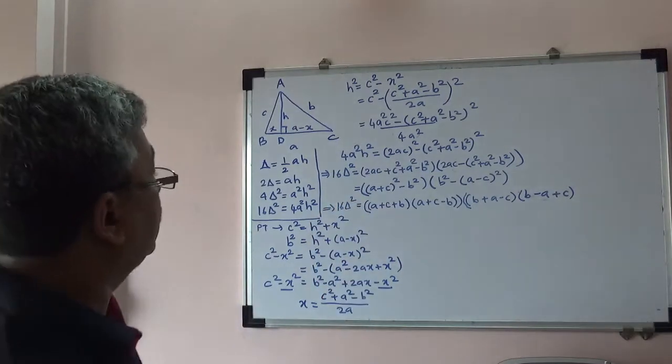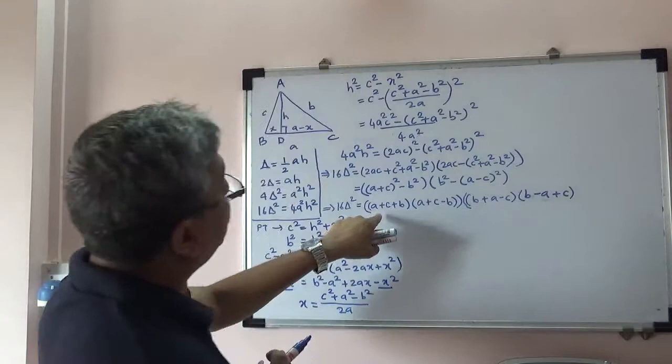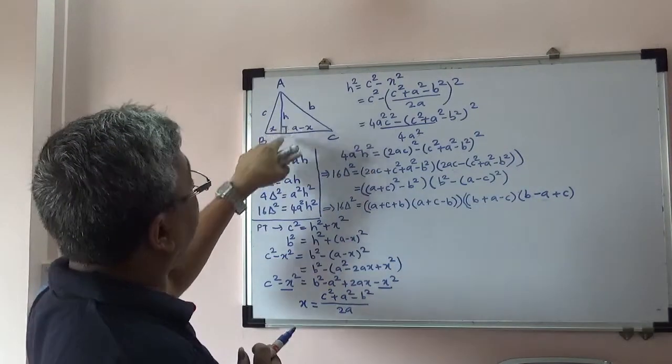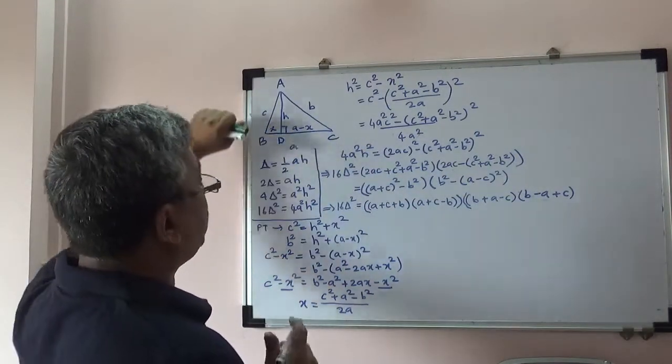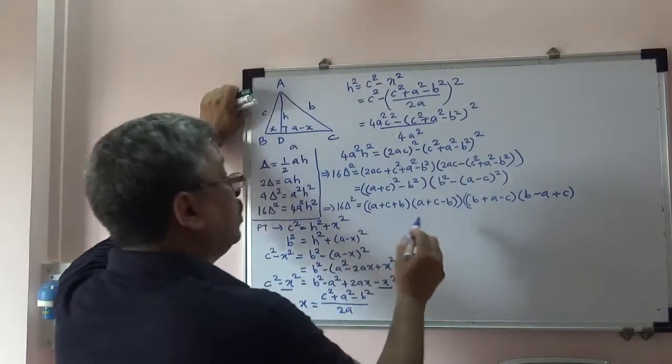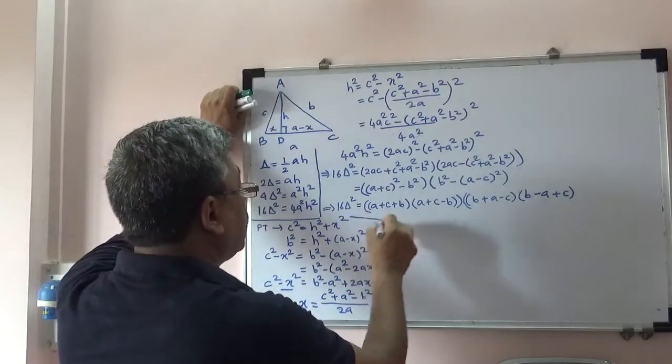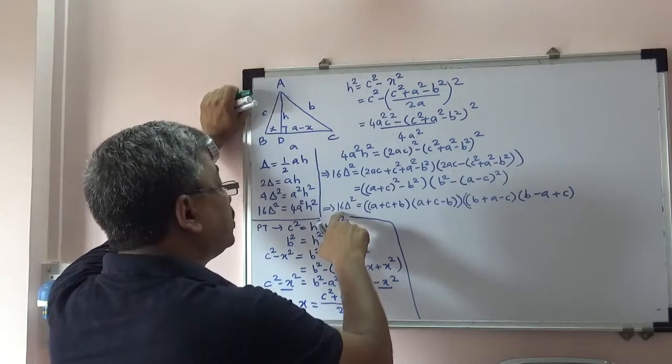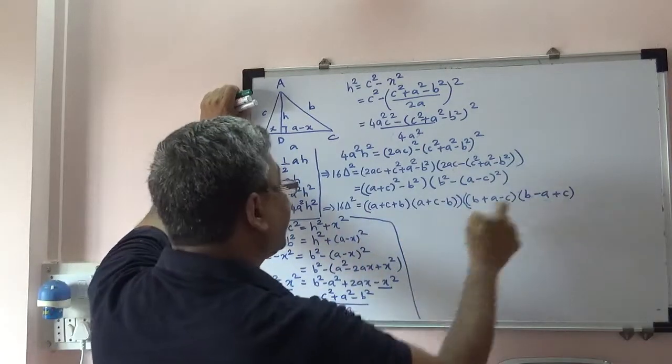Right? Now we know a plus b plus c is perimeter. Now let us do one more thing over here, that is we have 16 here and we have 4 different brackets.